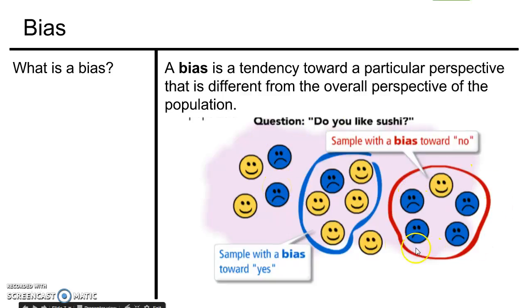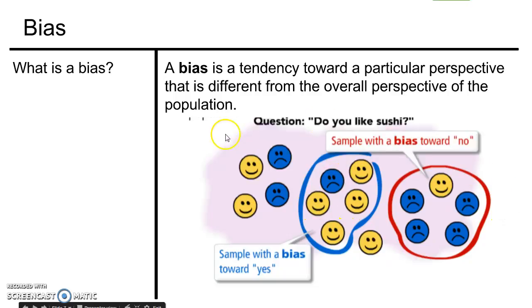So looking at this sample over here, how many like it and how many don't? We only have one that likes it, 4 of them don't. So this sample is biased toward no because the majority of them don't like it. But when we're looking at the whole population, we see that there's more smiley faces than that. This sample, they have 4 smiley faces, 1 frowny face, so we're saying 80% like it.